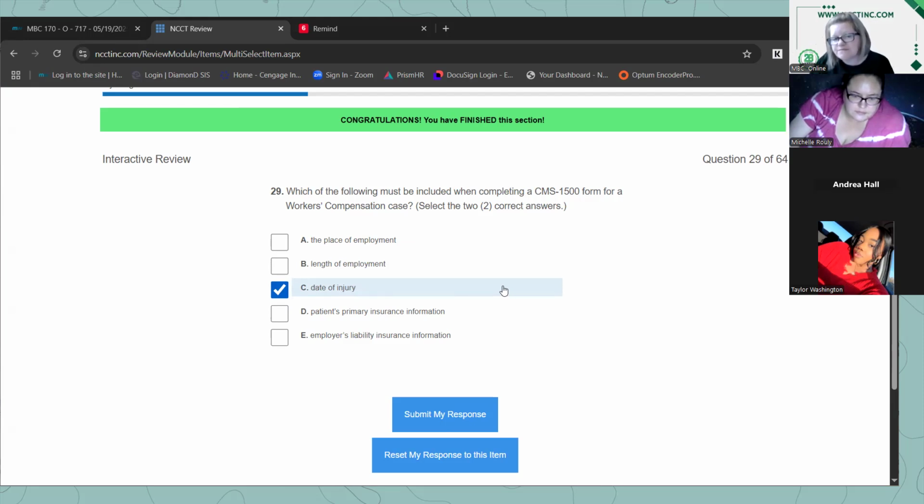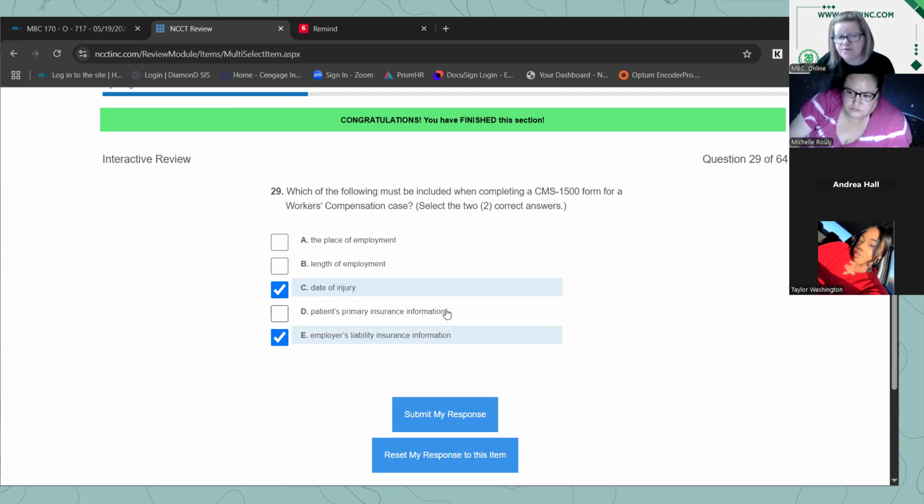I want to say the place of employment. That's sort of, but that's more the business wherever they're employed. We're looking for the employer's liability insurance information. We're not worried about the patient's private insurance information because this is workers' comp.